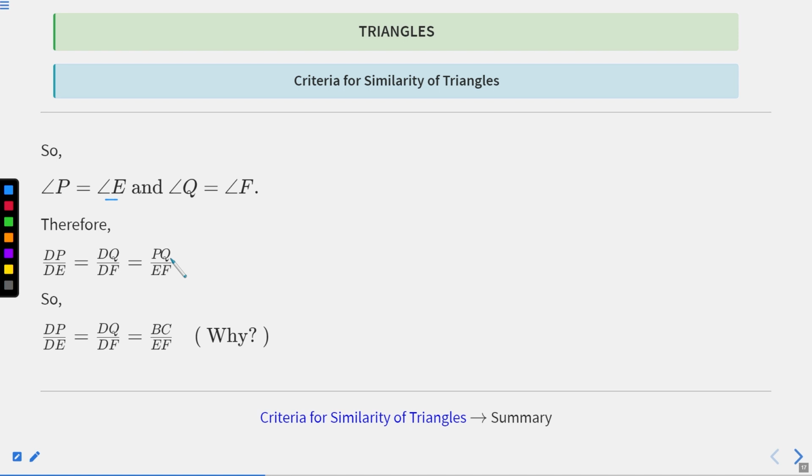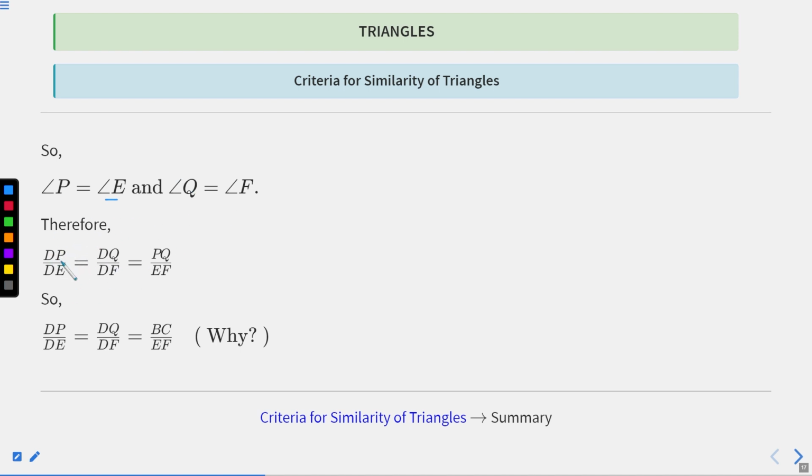If three angles of one triangle are respectively equal to the three angles of another triangle, then their corresponding sides are in the same ratio. Okay, so here we have, in this triangle, angle P equal to angle E, and angle Q equal to angle F, and therefore these ratios are in the same ratio.